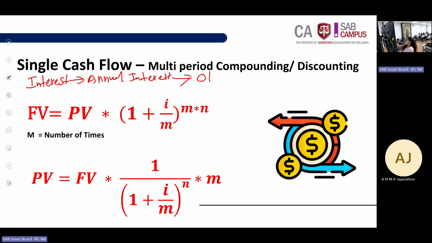Semi-annual interest. How many times you are receiving interest now? This is now 2 times. Next one, monthly interest.